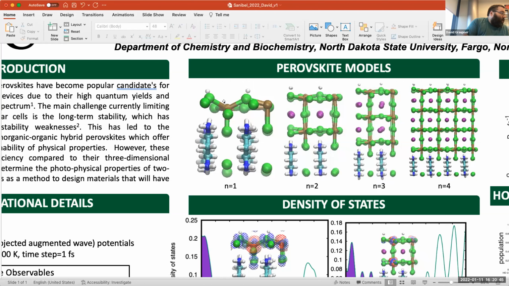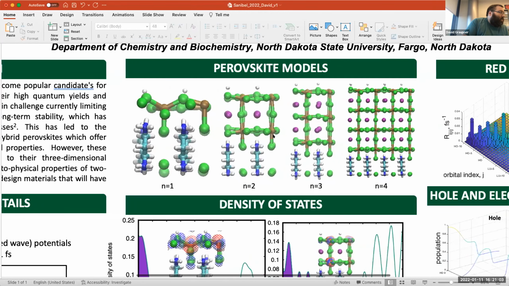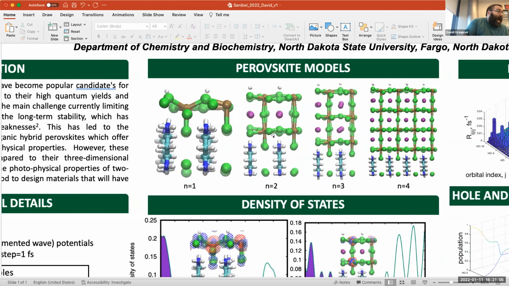I'm assuming this is what you're looking at, what you're calling the distortion. Yes. Every single one of the models shows that. It's just because the n=1 is zoomed in, it's much easier to see. So you can see the same thing right there in the n=2 and right here in the n=3. I've rerun that multiple times because I initially thought the same thing as you, but every time it's giving me that.